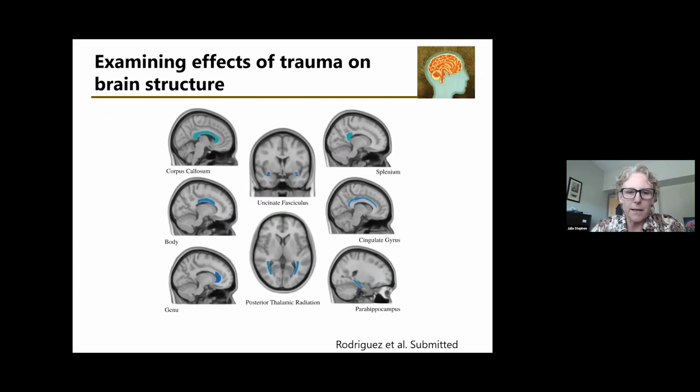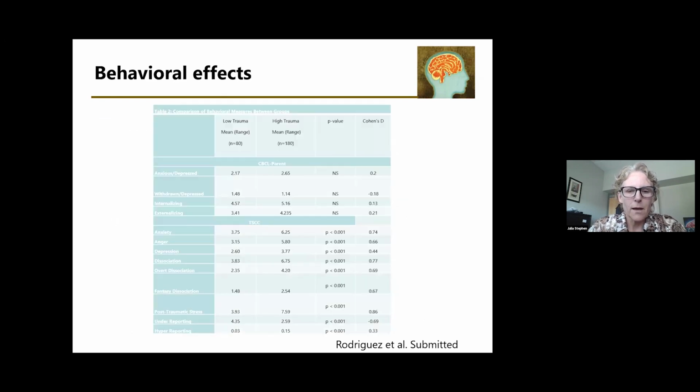So we did find structural differences. This was, again, looking at fractional anisotropy. We identified different regions of interest based on the literature in other individuals who have experienced trauma. There were quite a few behavioral differences.